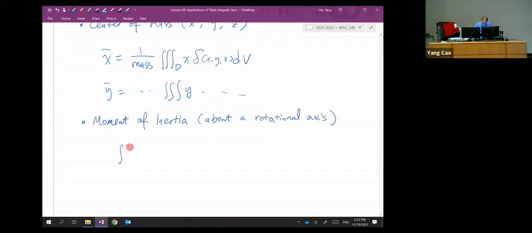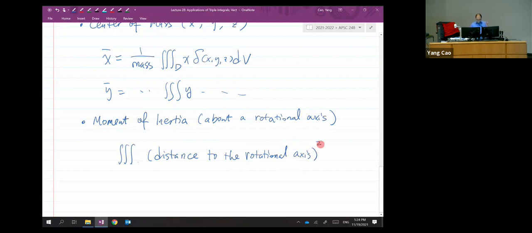The general formula of moment of inertia is you pick a point, and then you look at the distance from the point to the rotational axis. Then you square it.